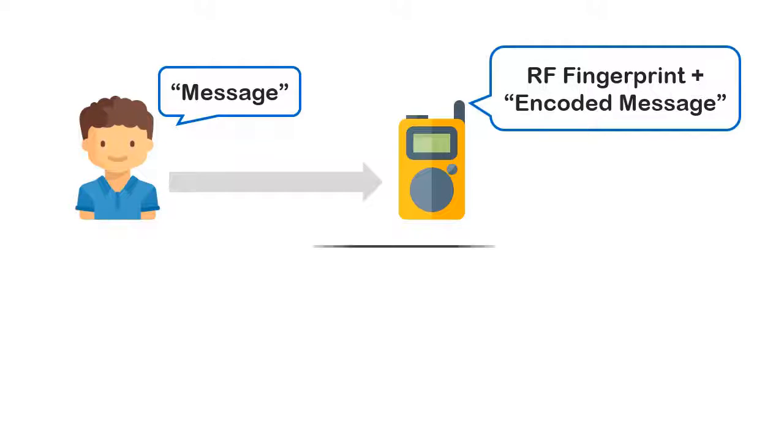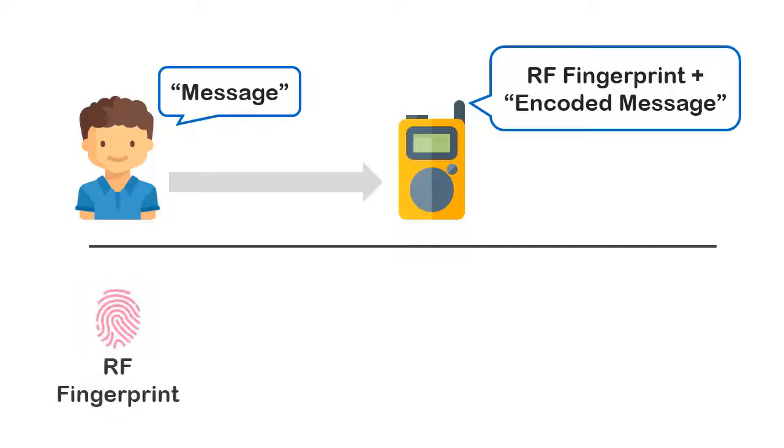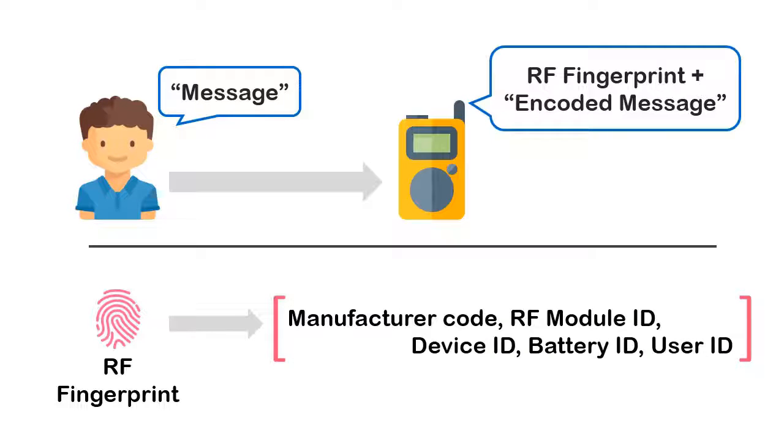RF fingerprint was an encoded piece of information which consisted of a lot of details regarding the message, such as the manufacturer code of the mobile device itself, the RF module ID installed inside the mobile, the device ID, which means the instrument ID or the mobile phone ID, the battery ID, and user ID.